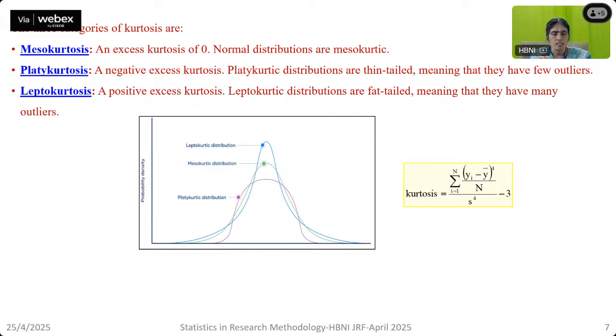But if the tailing is less and you get plateau regions on the midpoint or the mode region, mean region, then we say that there is an excess kurtosis. The curve is skewed towards the center point and the mode becomes flat. The mode position becomes flatter.